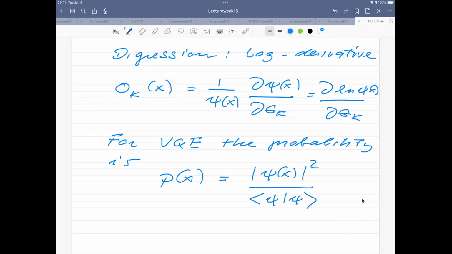This is the normalization constant. And then in statistics, since we have the probability, we can set up an expectation value as a sum over all observables if we have a discrete set. If not, we have to replace it with an integral. So this would be the classical expectation value.